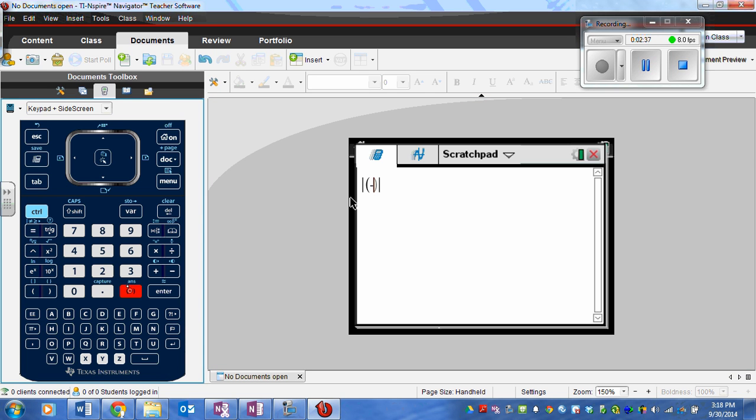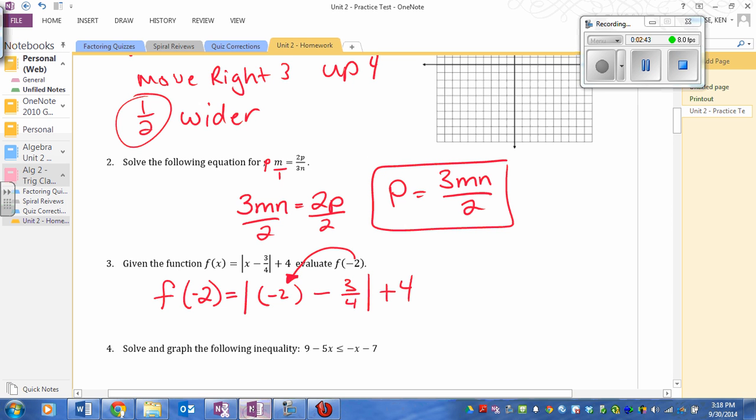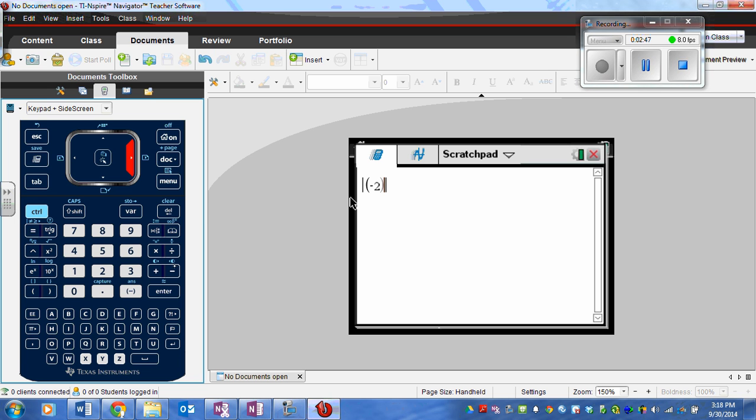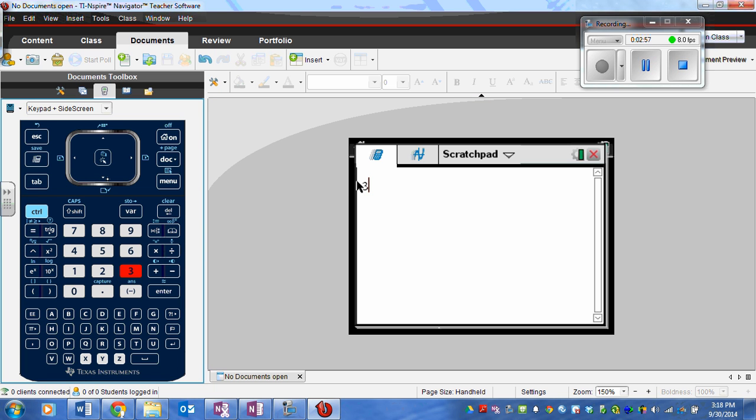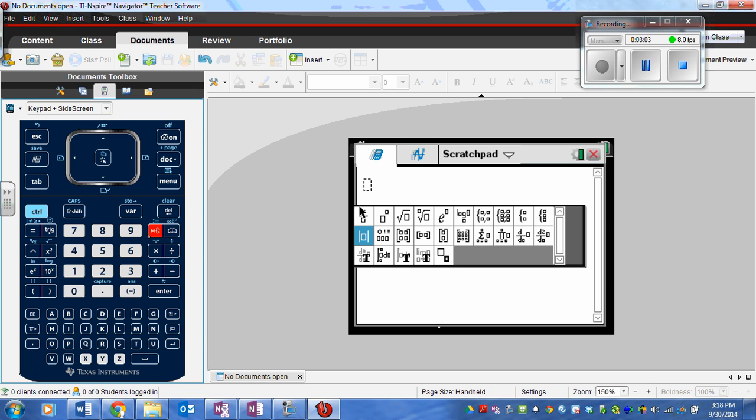Then it's parentheses, -2. Get out of those. I don't know what the rest of it is. -3/4 plus 4. Let's try this again. Absolute value.